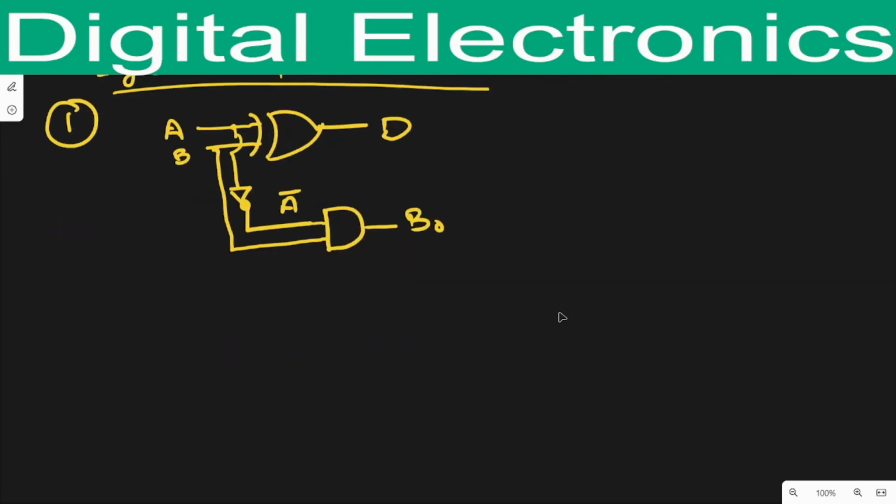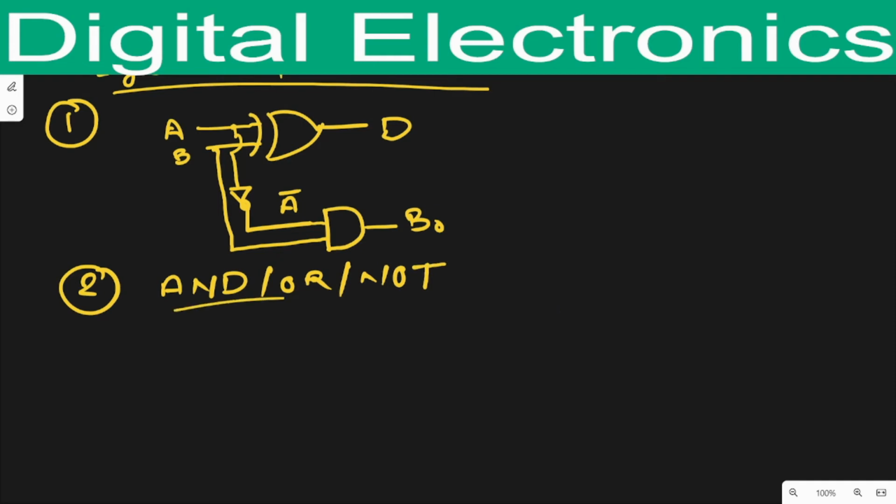Now, can we represent the above equation by using AND OR NOT logic? What is AND OR NOT logic? If we draw the logical representation of any circuit by using AND, OR and NOT gates only, it will be called AND OR NOT logic.